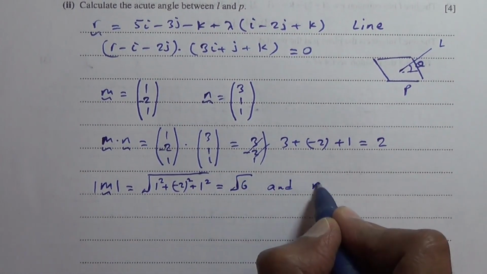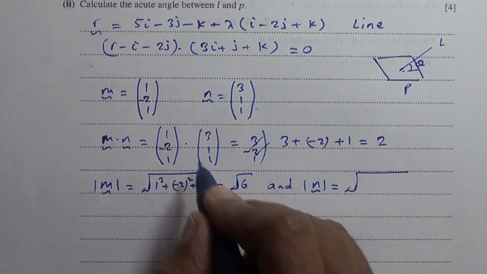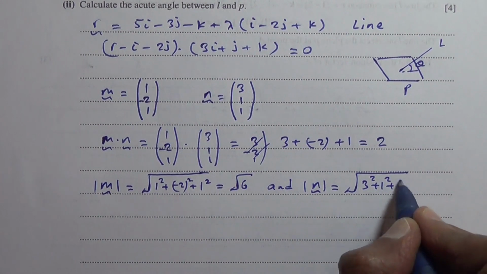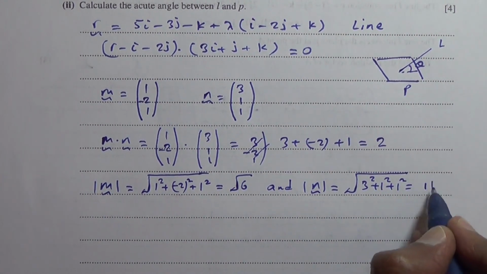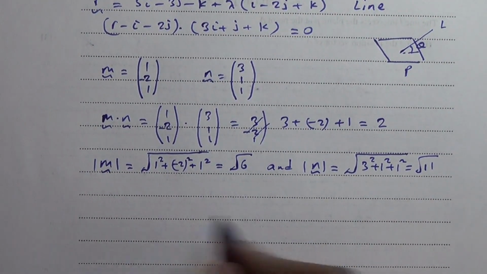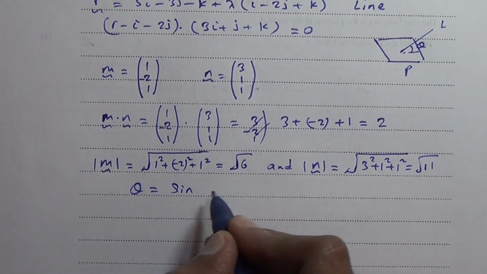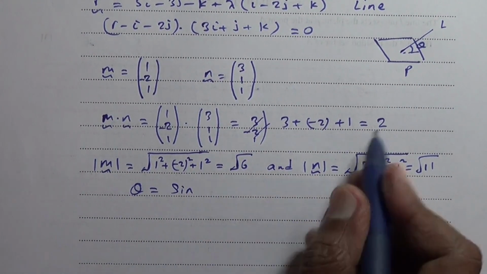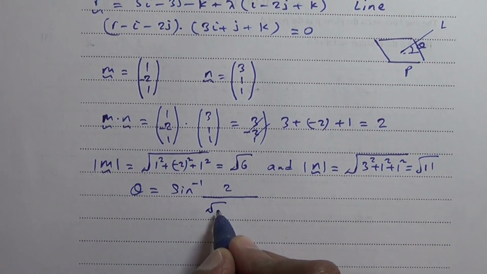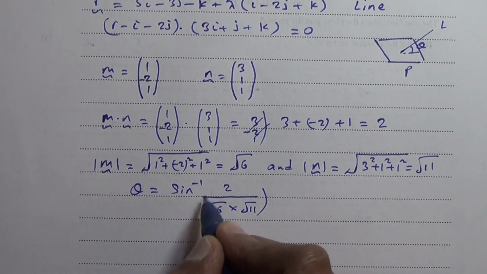And the magnitude of n is the square root of 3 squared plus 1 squared plus 1 squared, that's 9 plus 1 plus 1, 11. Therefore, I'm looking at the sine inverse of 2 divided by the square root of 6 times the square root of 11.